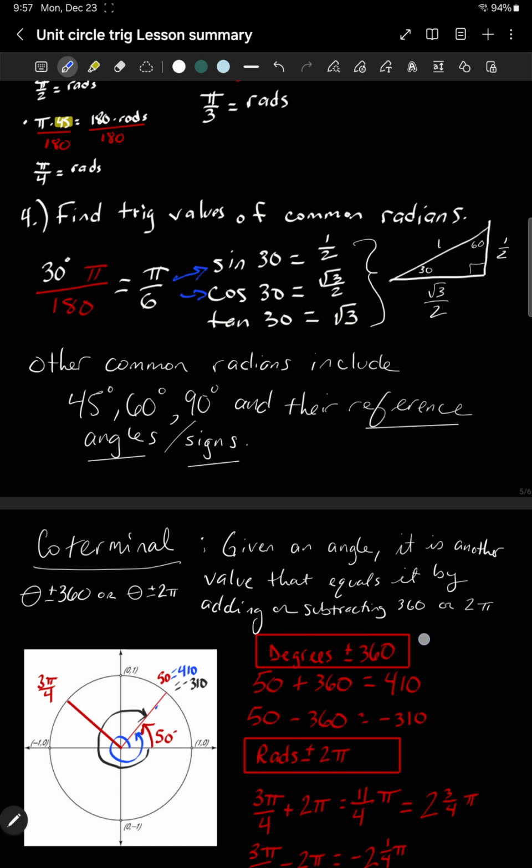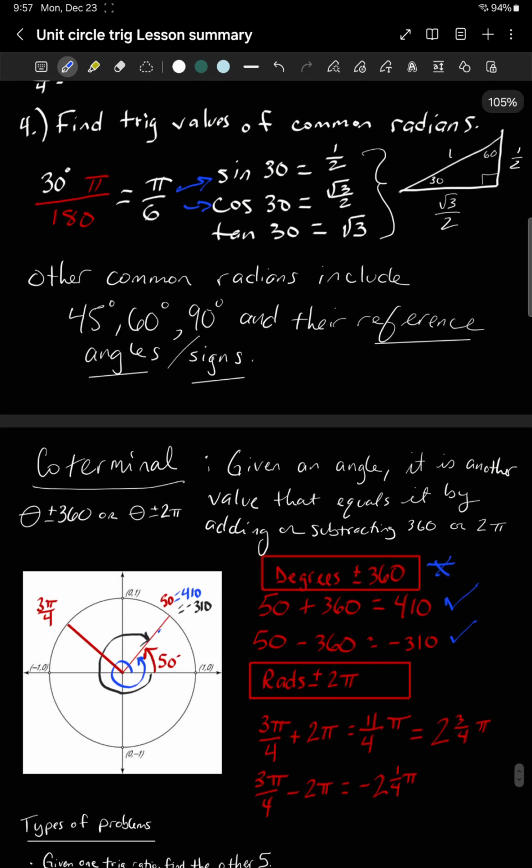So in degrees, you can see here, we can take the degrees plus 360 and the degrees minus 360. So I created a 50-degree angle in this circle. And if I add 360 degrees, the coterminal angle, one of them, would be 410. If I take 50 and I subtract 360 degrees, that's going to give me a coterminal angle of 310.